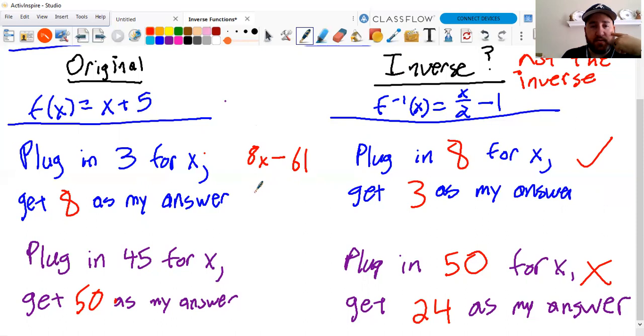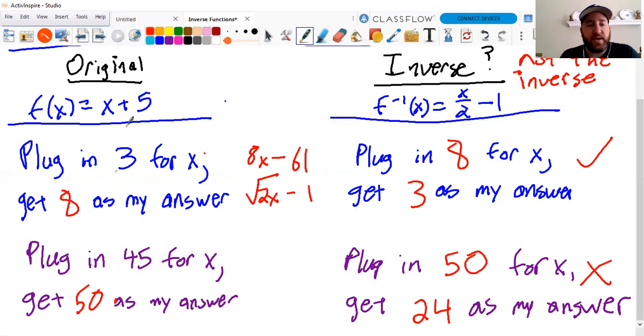I could do the square root of 2x minus 1. Plug in 8 here. 2 times 8 is 16. Square root of 16 is 4. Minus 1 is 3. So I can find an infinite number of functions where I do the opposite.